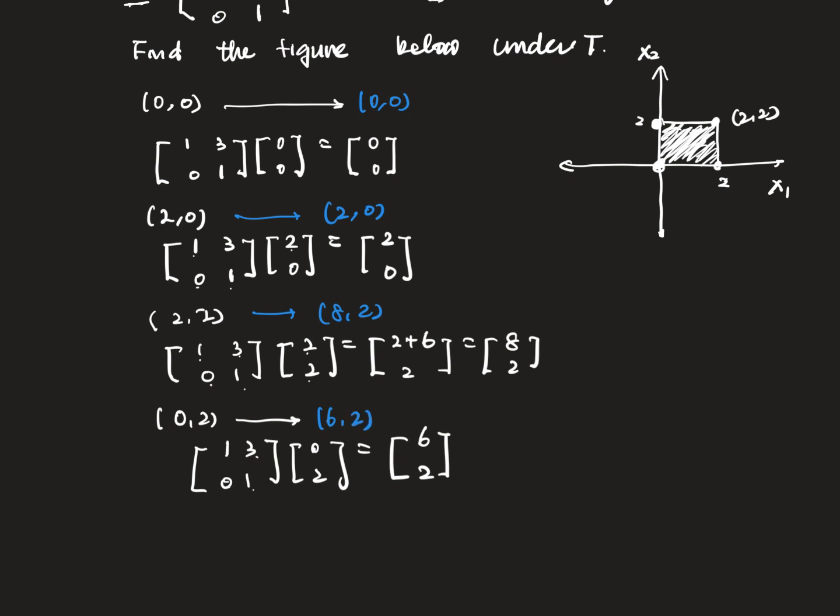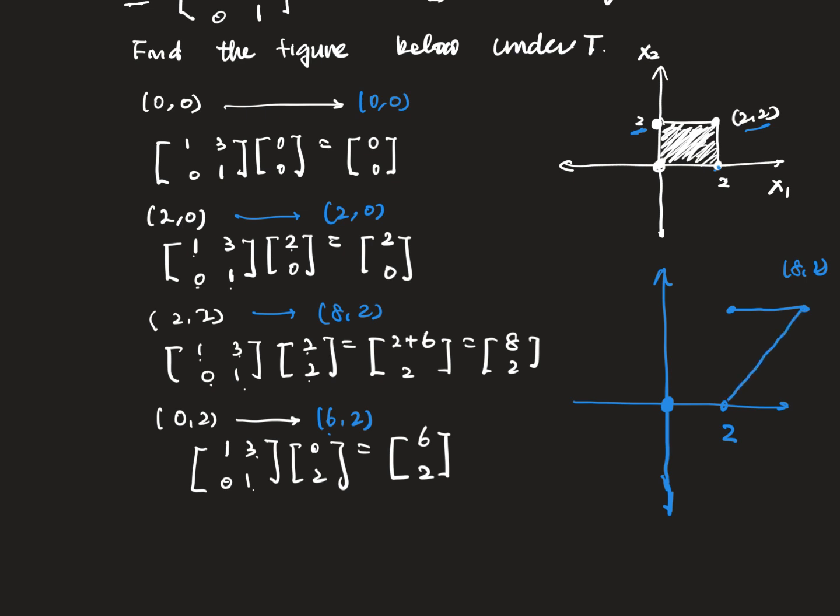Let's just sketch it, guys. What happened to this one, right? So let's just sketch it. 0 and 0 is 0 and 0 right there. 2, 0 is right there. 2, 0 doesn't change. 2, 2, this point is going to be 8, 2. So 8, 2 is right there. This one, 0, 2 is going to be 6, 2. 6, 2 is right there.